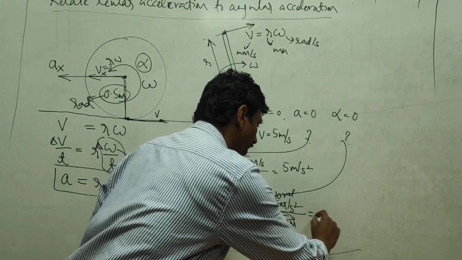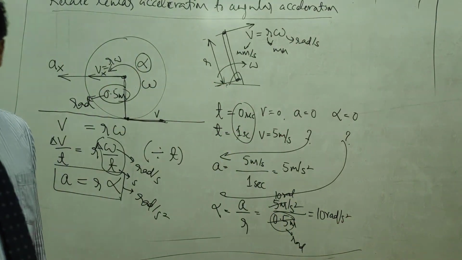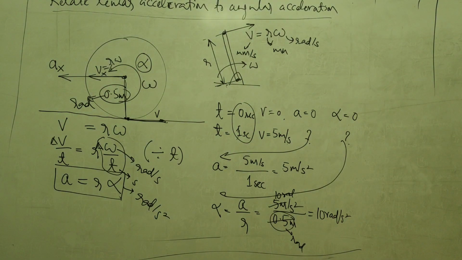So what you have finally is 10 radians per second square. So in this way you are able to relate linear acceleration to angular acceleration.